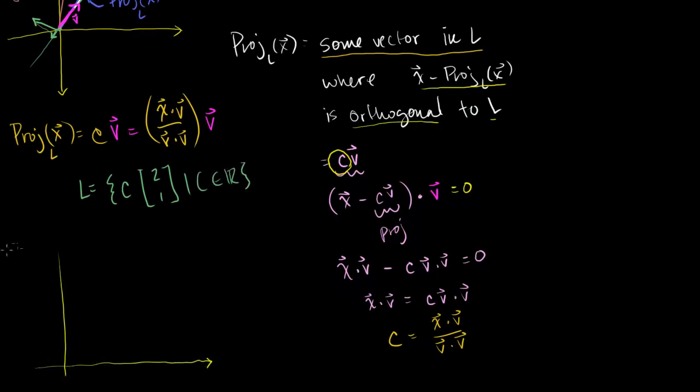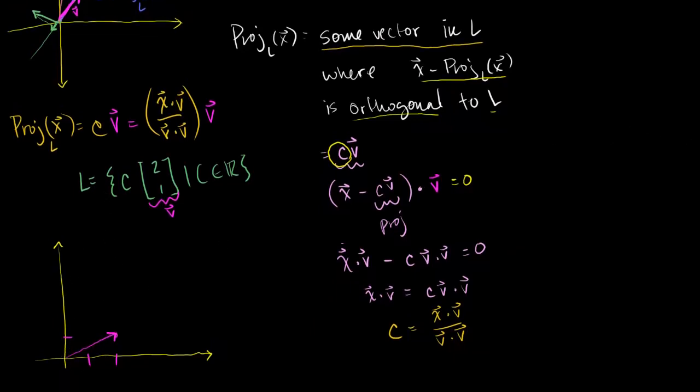This is my horizontal axis right there. And so my line is all the scalar multiples of the vector 2, 1. Let me call that vector v. So let me draw that. I go 1, 2, go up 1. That right there is my vector v.